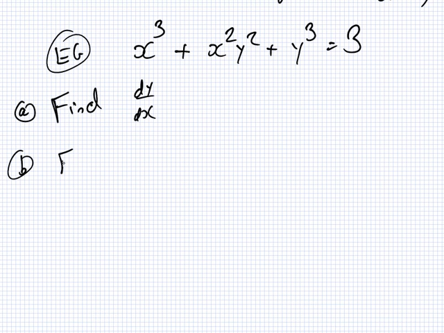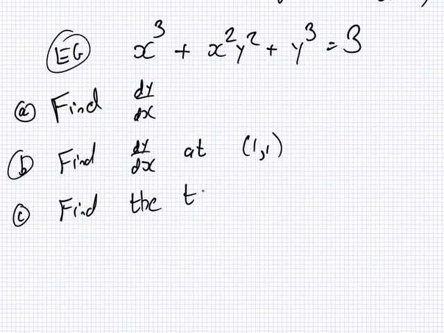B: find dy over dx at the point 1, 1. C: find the tangent line's equation, the tangent at 1, 1. Parts B and C are pretty short once you have part A done. So give this a try, and I'll do it now in a minute.